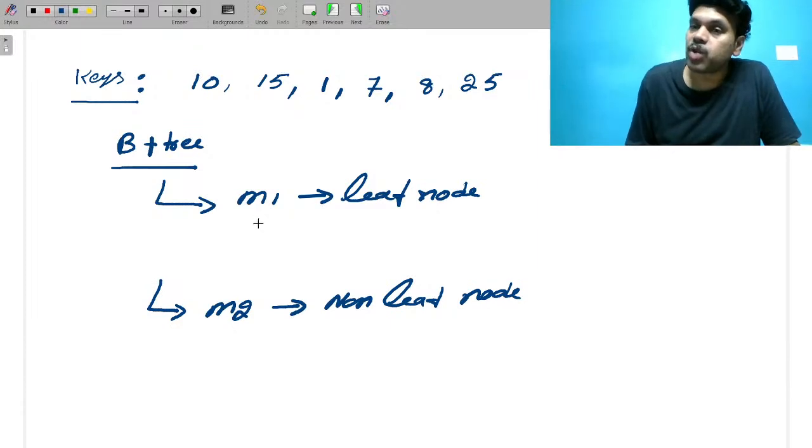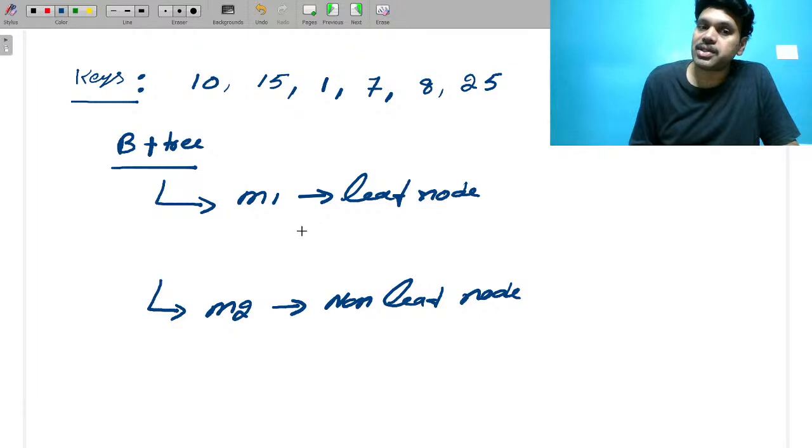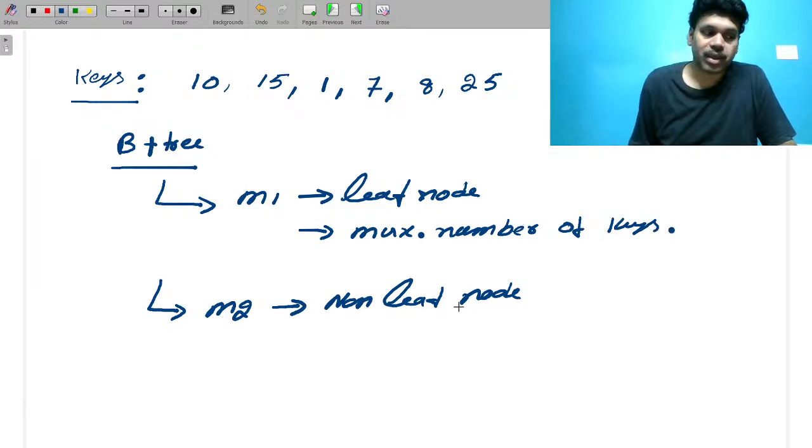So M1, what is the leaf node order telling you? It tells you the maximum number of keys. What is M2 saying? The maximum number of block pointers.